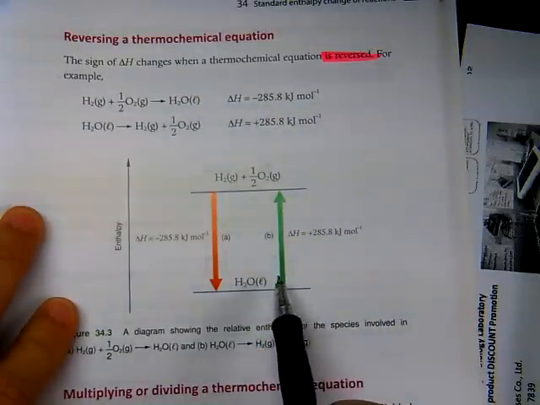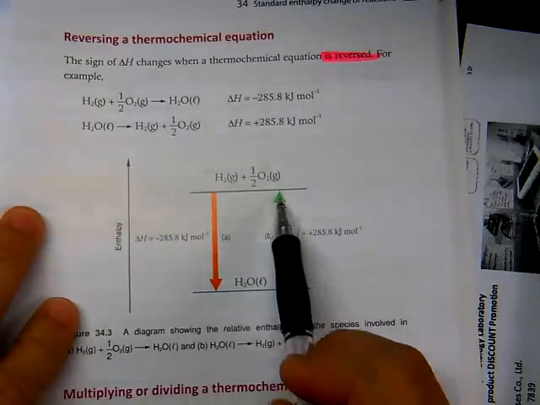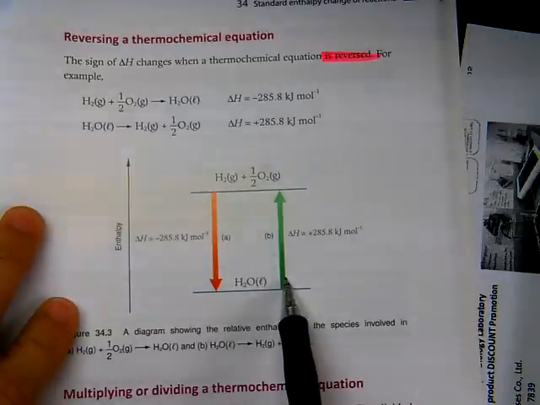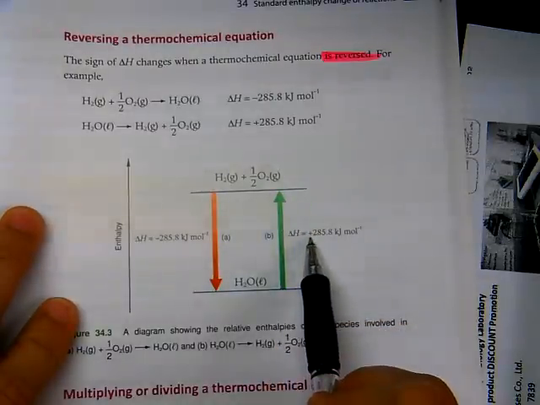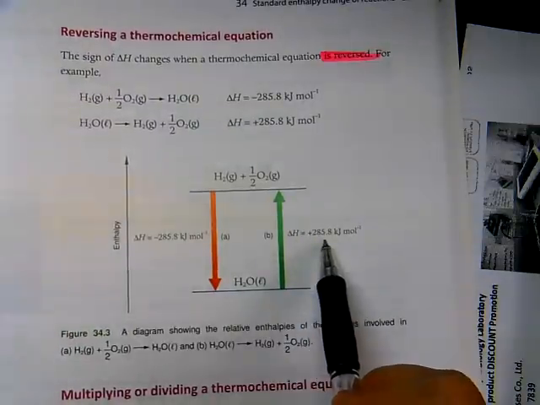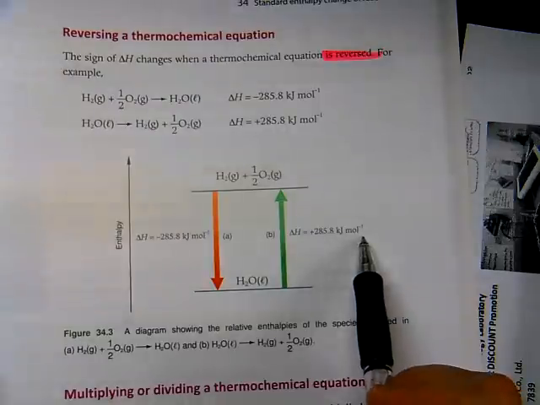Obviously, if we reverse the chemical equation, it is represented by this green arrow. Therefore, the arrow now is pointing upward, so it will have a positive sign of the same value, positive 285.8 kilojoule per mole.